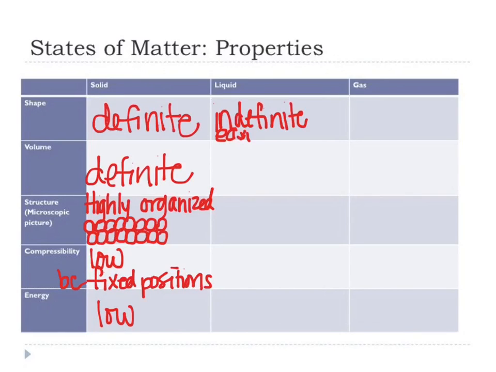Or you could say it takes the shape of the container. If it's in a cylinder, it's going to take the shape of a cylinder. If I put it into a box, it's going to take the shape of a box. What about the volume? It is definite, unless you spill some when you go to transfer it from one place to another.